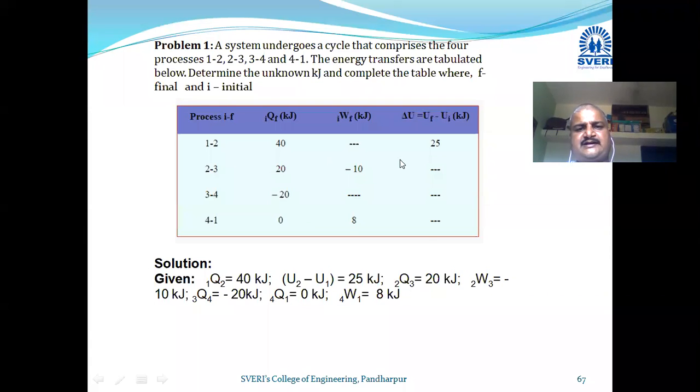Means in this table they have provided the internal energy, heat and the work, and we have to determine the unknown kilojoule and complete the table, where F is final and I is initial. The initial process is indicated by I and the final process by F. We will have to solve this problem.